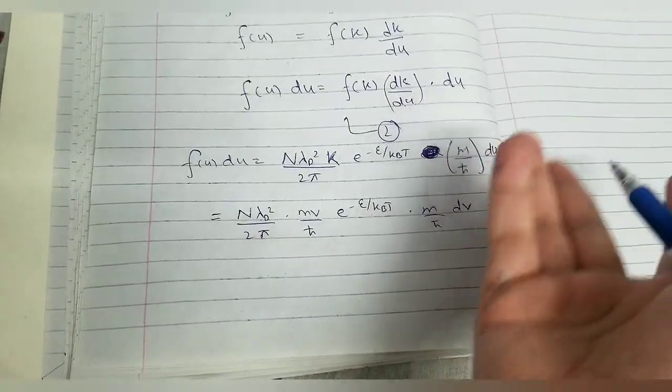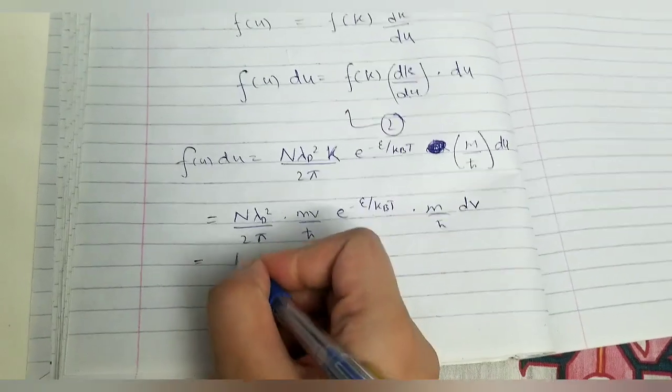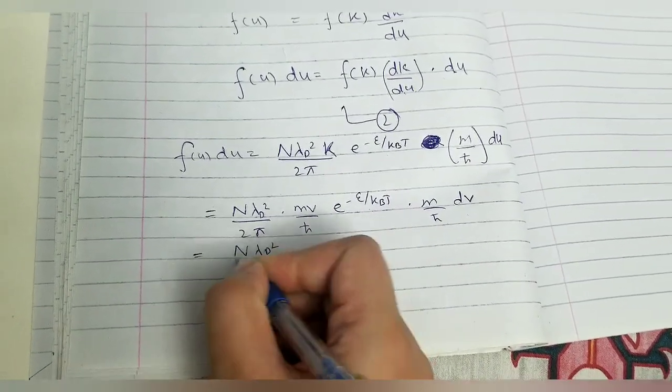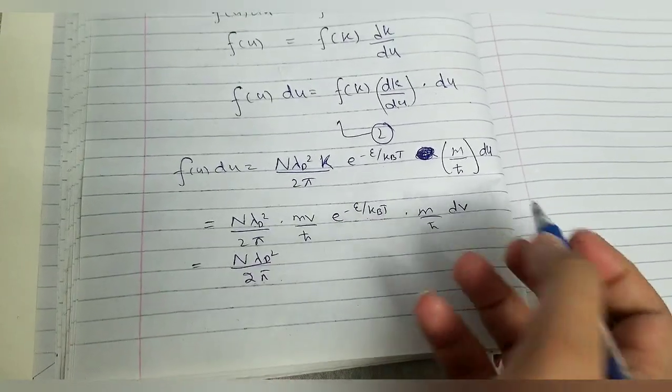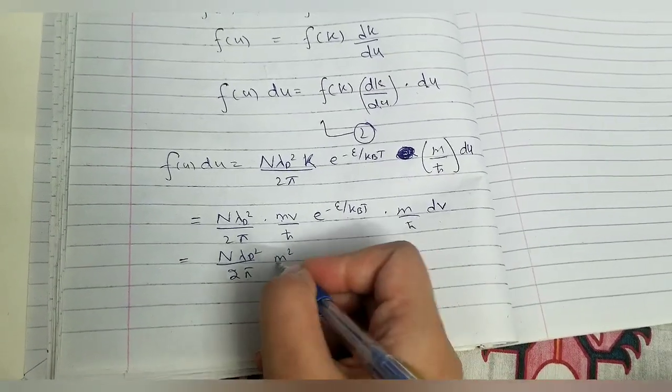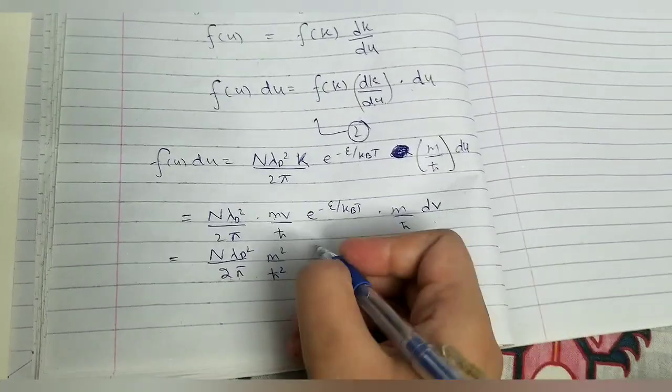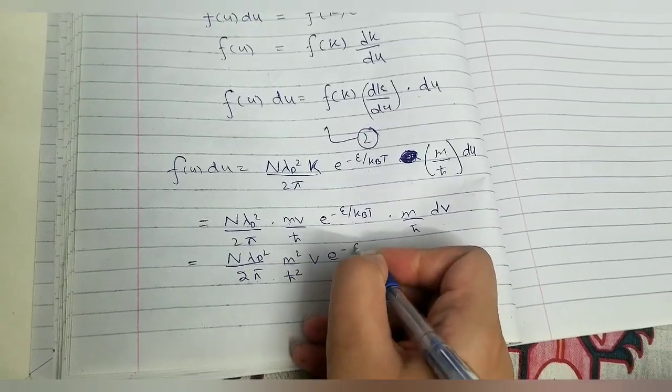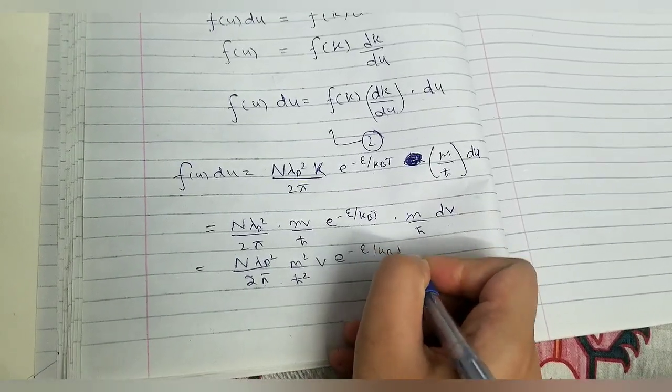Okay, u or v, whatever notation you want to have for speed. So m and m is m square, h cut and h cut are h cut square, v e to the power minus e by kbt dv.